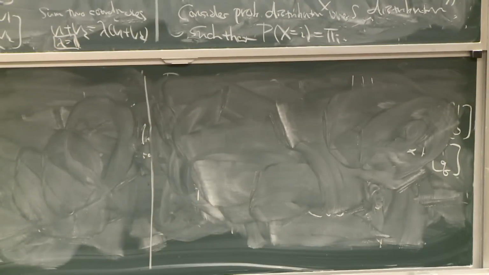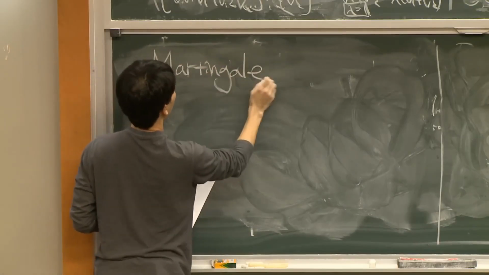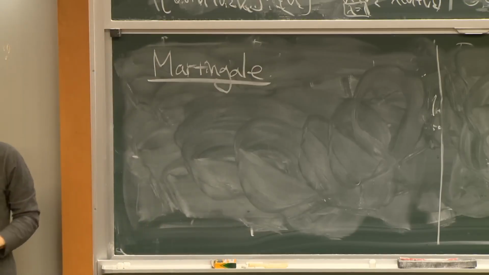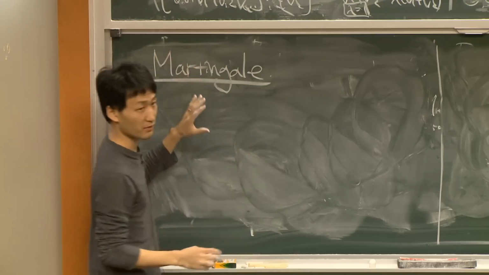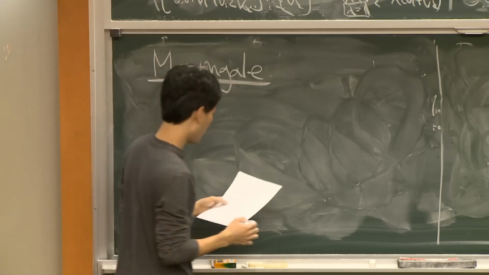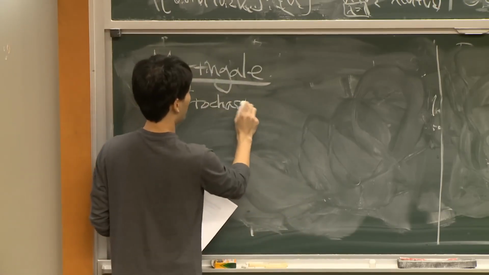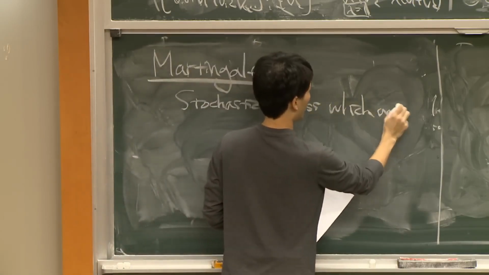Okay, so let me move on to the final topic. It's called martingale. Okay, it's another collection of stochastic processes. What we're trying to model here is a fair game. Stochastic processes which are fair.